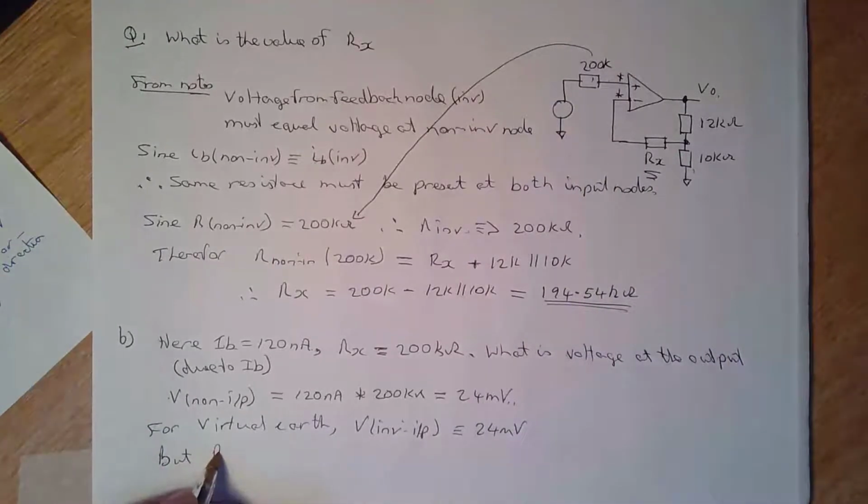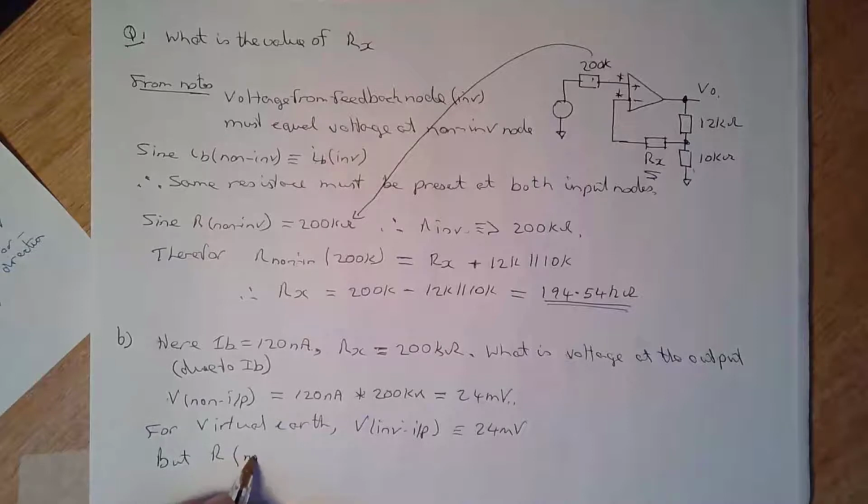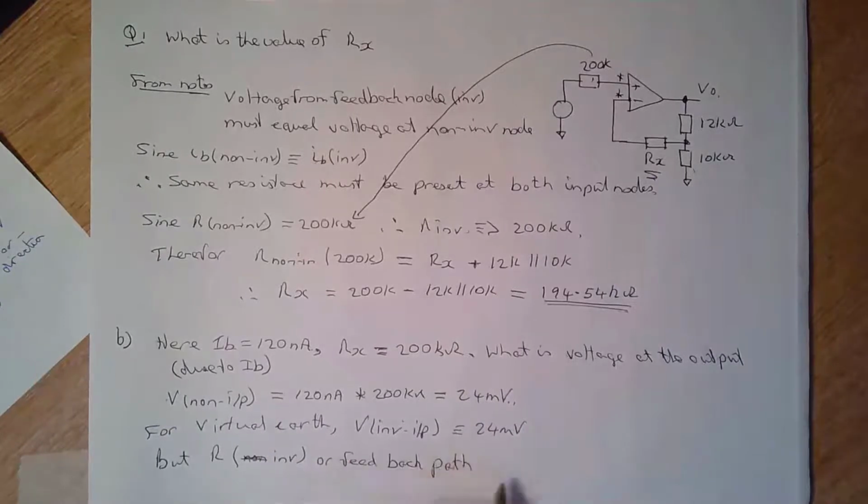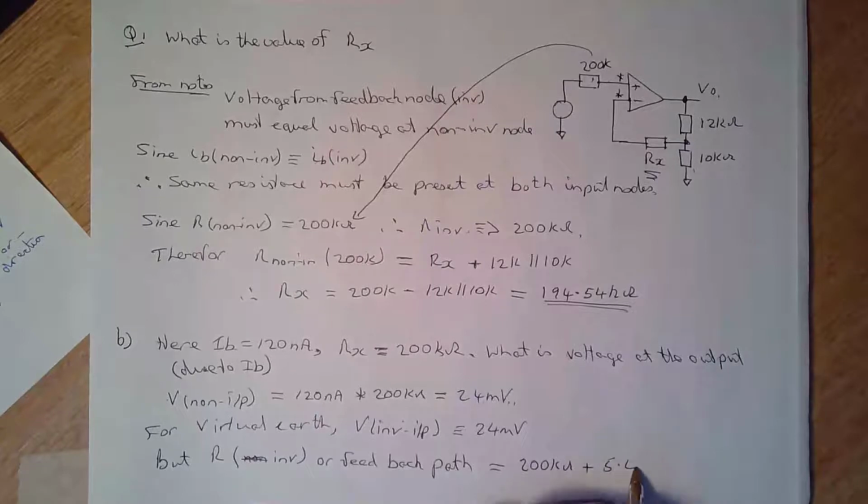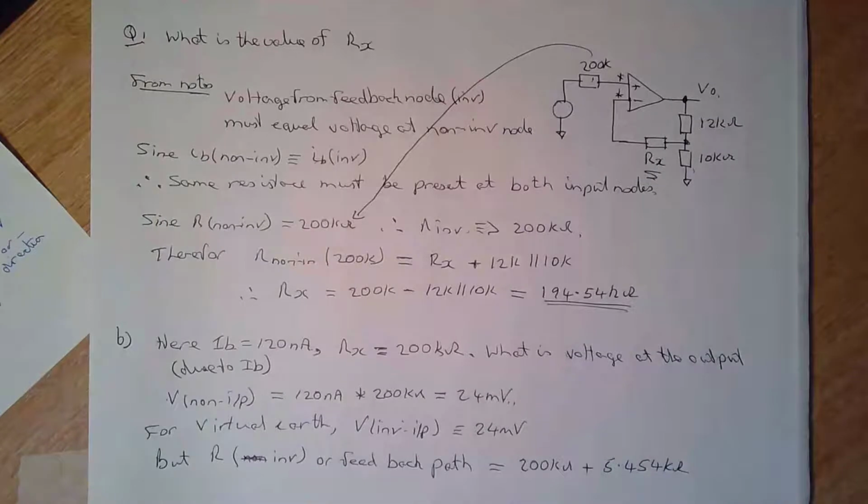But R in the inverting or feedback path now equals 200 k ohms plus 5.454 k ohms, which equals 205.45 k.